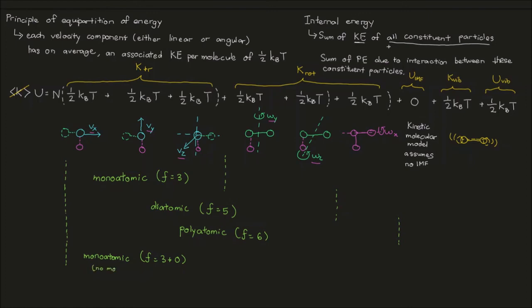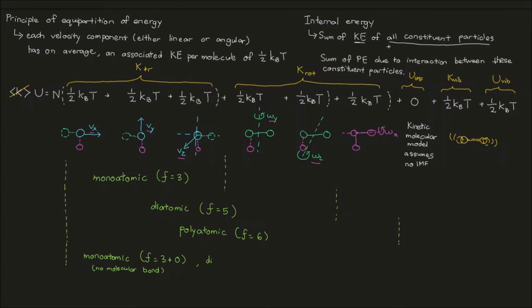If there's no molecular bond, you can't have vibration. Monoatomic is a single atom. So if it's a single atom, how do you vibrate when there's no molecular bond? You can't. So there's no additional degree of freedom.